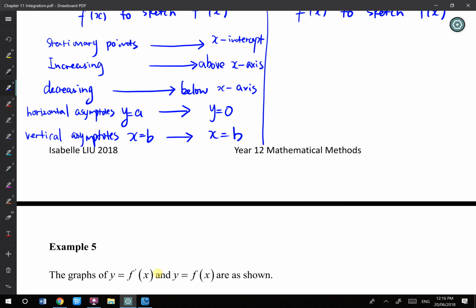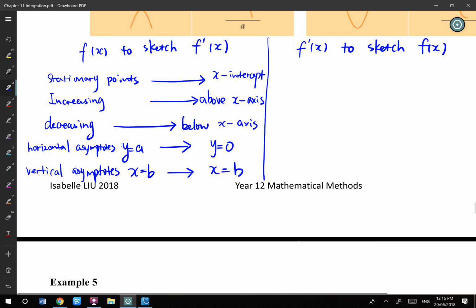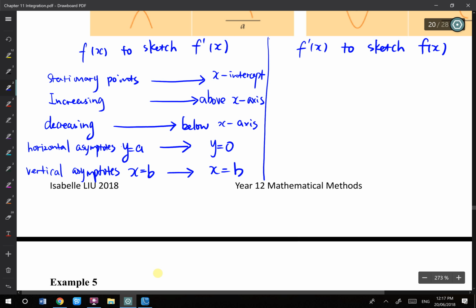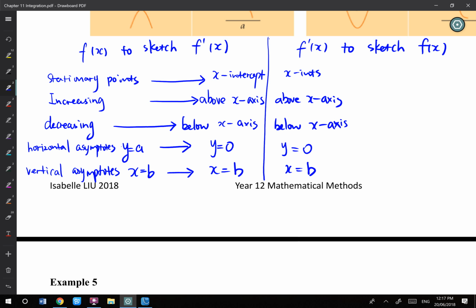When you have f'(x) and look back for f(x), what you need to see from the f'(x) function is exactly those things. You just copy everything again. What are the five things showing on the f'(x) graph?